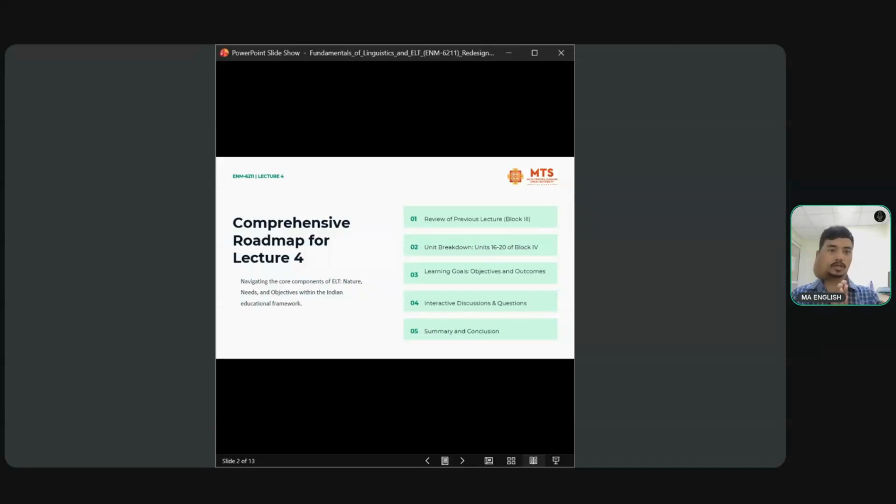First, review of the previous lecture, that is block three, and then unit breakdown, that is units 16 to 20 of block four, and then learning goals, objectives and outcomes, and interactive discussions and questions, and then summary and conclusion. All right. So this is the roadmap of today's lecture.